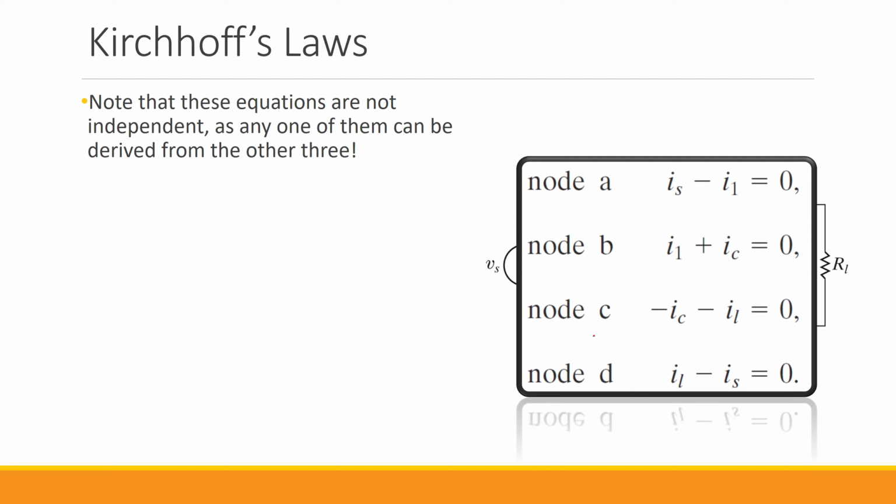I simply add this to see what we get as the final result. So we have IS minus I1 plus I1 plus IC minus IC minus IL.